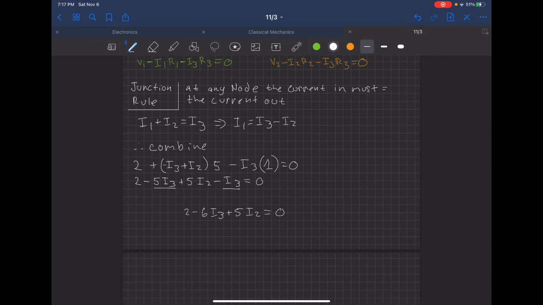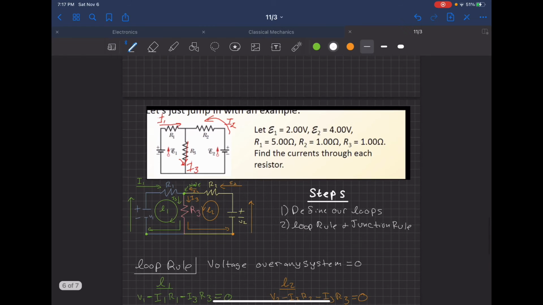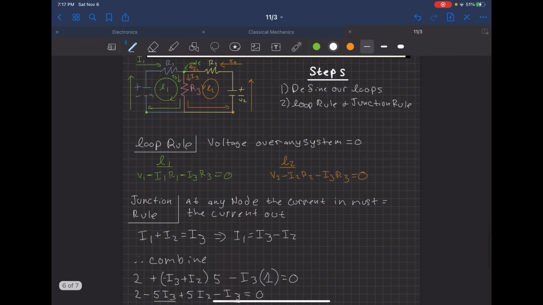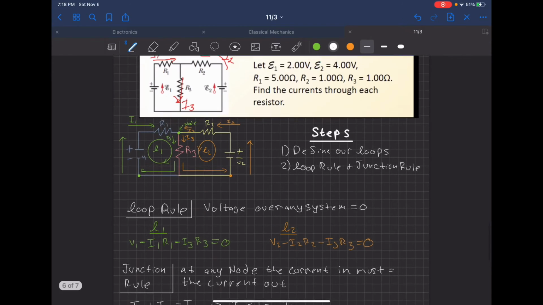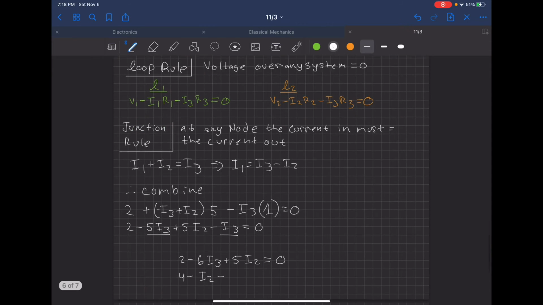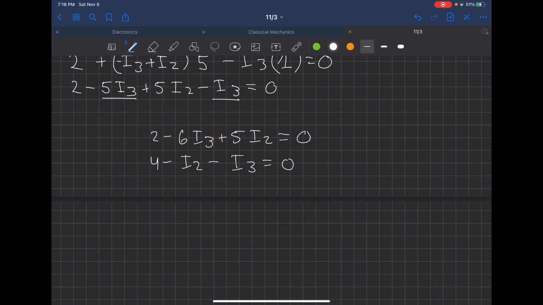This is going to be 4 minus I2 R2, and R2 is 1 ohm, so that's going to just be I2, and then minus I3 R3, and we know that R3 is also 1 ohm, so that's going to be minus I3, and that's just going to be equal to 0. And then from here, we can just use algebra to solve this system for our 2 unknown variables, which are I2 and I3.